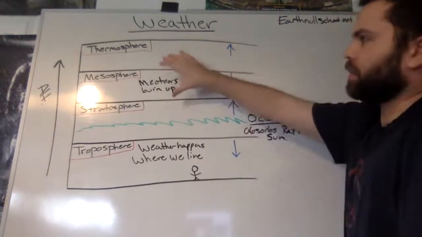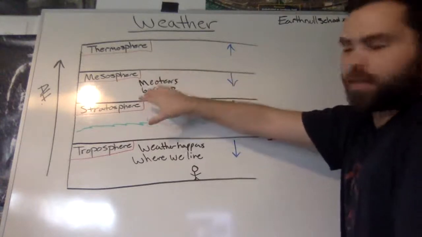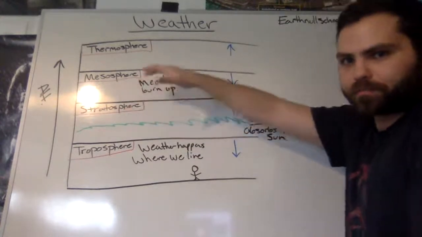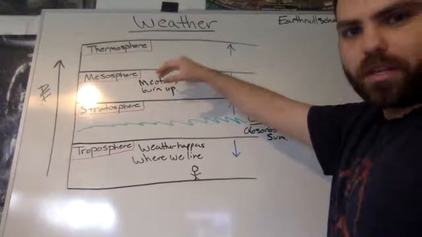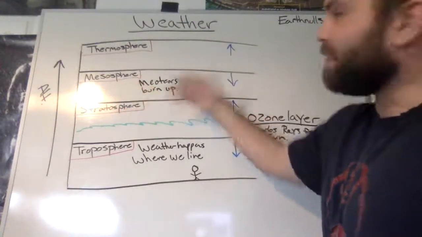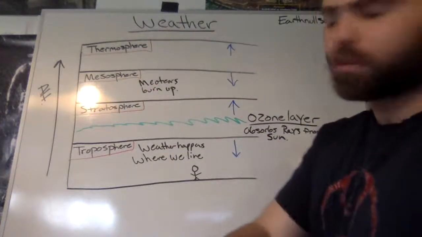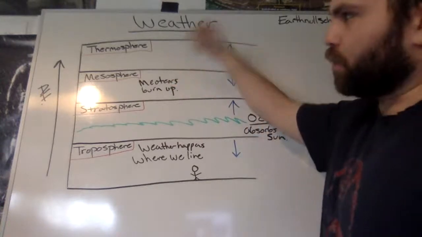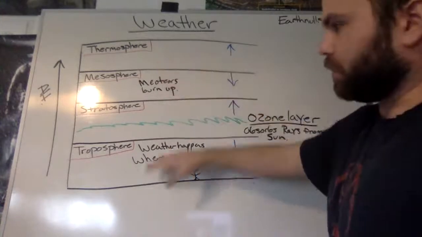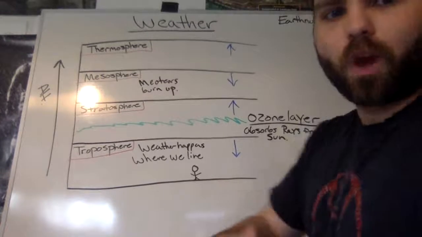Or if you ever see a meteor shower, those are meteors entering our atmosphere and burning up. So the mesosphere protects us because we actually get a lot of meteors in our atmosphere, but because the mesosphere is protecting us, they burn out before they ever go into any of the other layers. So that's why the mesosphere is very important. If we were constantly getting hit with meteors, it wouldn't be good for the people living in the troposphere.